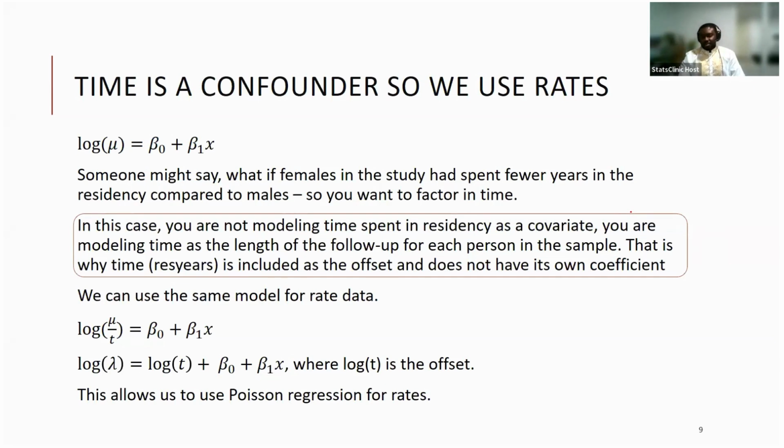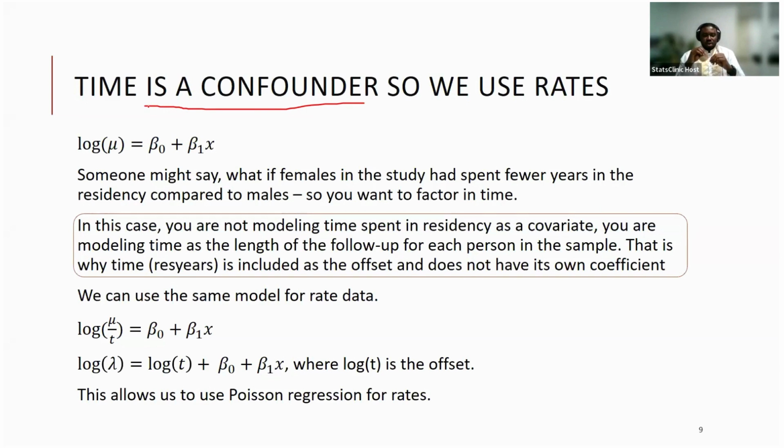In that example, we saw that females were taking fewer calls than males overall, but someone might say, maybe the females in the study had spent fewer years in the residency compared to males. So time is sort of a confounder in this case, right? Time is a factor that is essentially interfering with the results that we're getting, right?